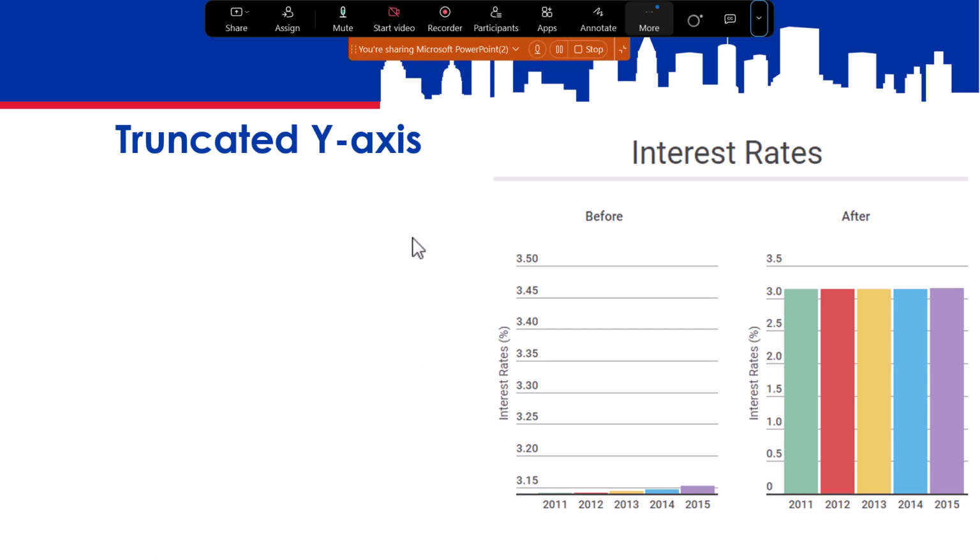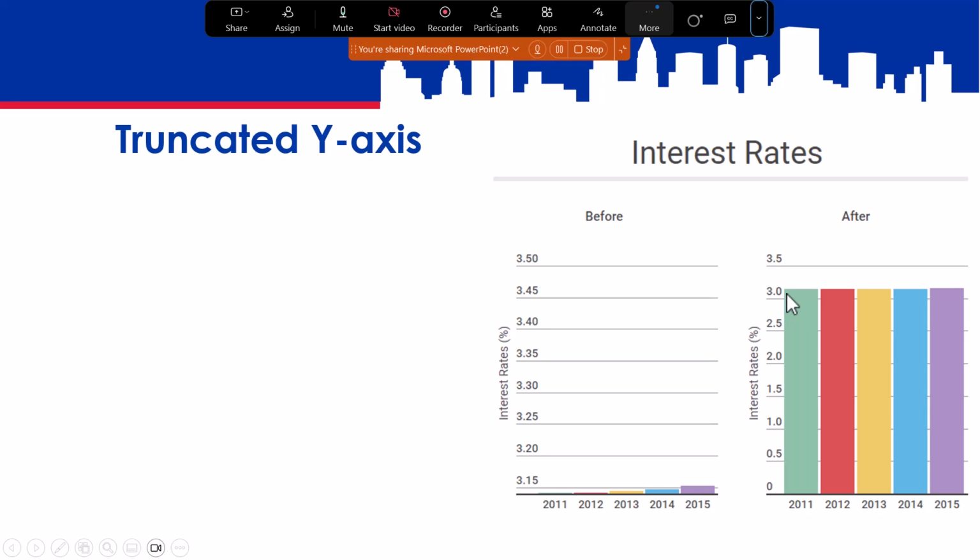It looks like the numbers started earlier. They graphed the second one, the after interest rates, to look like it's earlier, so the rates look like they're increasing more. The numbers started earlier, so the increase looks more drastic than in the before graph. So the after is actually correct, because it should always start with zero.